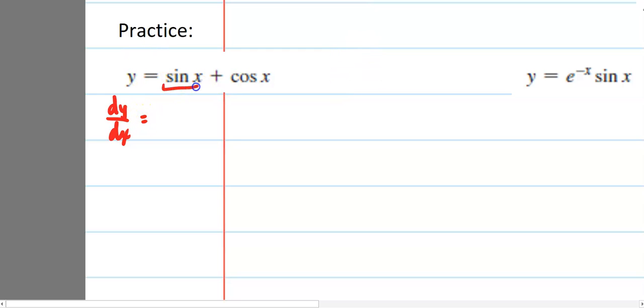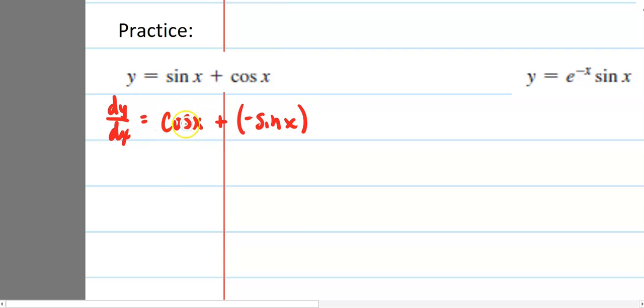Well, we have 2 distinct functions in this function y, and those functions are being added together. So of course our derivative rule stated that I can find the derivative of the first function and add it to the derivative of the second function. So the derivative of sine we just learned was cosine of x, and the derivative of cosine is negative sine of x.